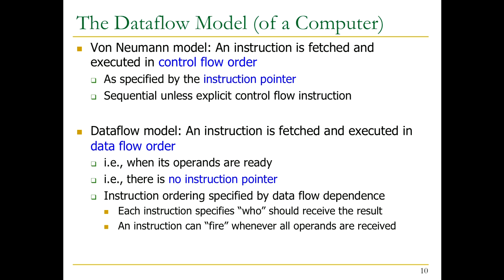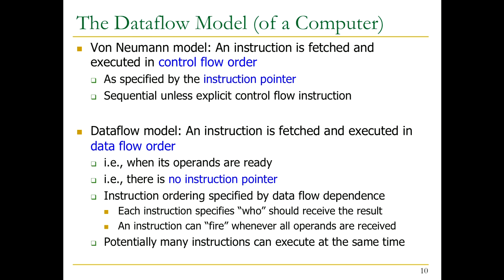So you really connect instructions with these pointers that say, oh, once this instruction finishes its result, send its result to this other instruction. Make sense? And an instruction can fire whenever all of its operands are received. So if an instruction is receiving operands from two different instructions, it needs to wait for both to be produced, if you will. And once both operands are produced, this instruction that's waiting for those can fire, execute.